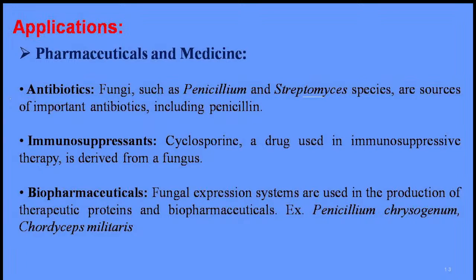Although technically a bacterium, Streptomyces griseus is often included in discussions about fungal antibiotics. It produces streptomycin, an important antibiotic used to treat tuberculosis and other bacterial infections in human beings. So these are some examples which can be used in biopharmaceutical or pharmaceutical companies.